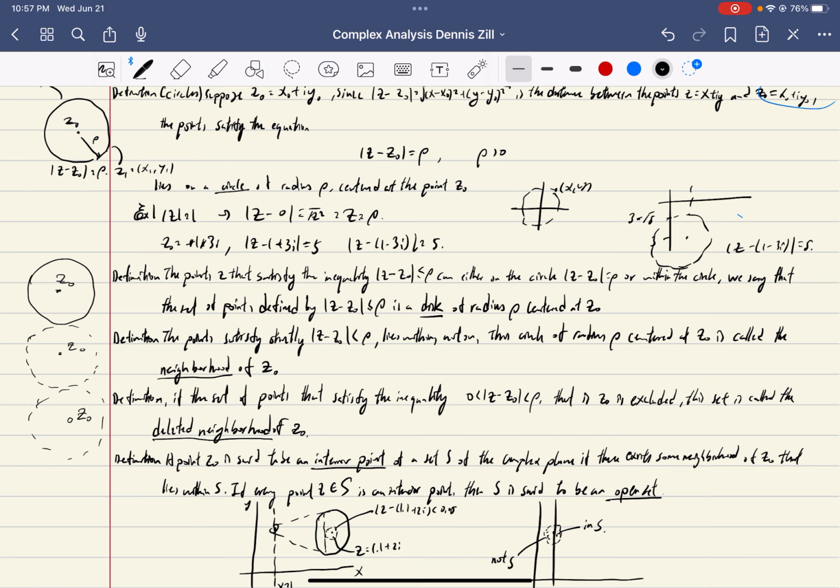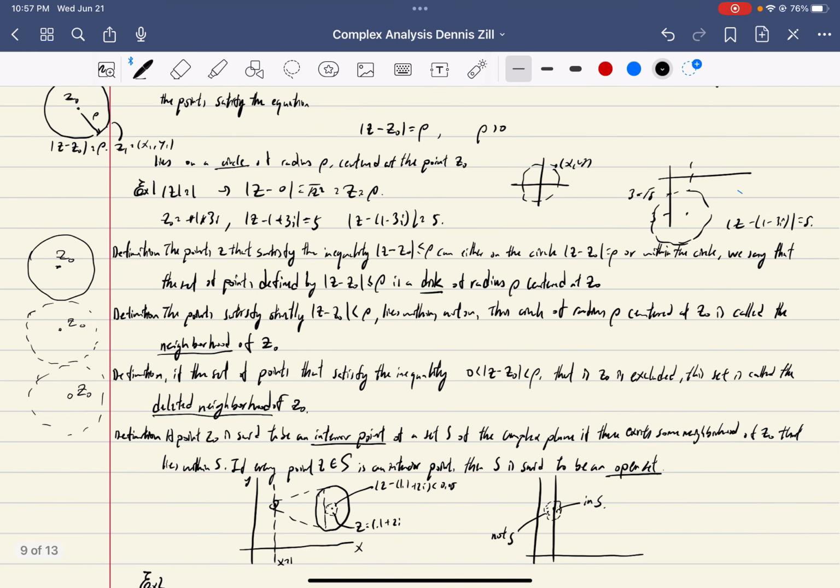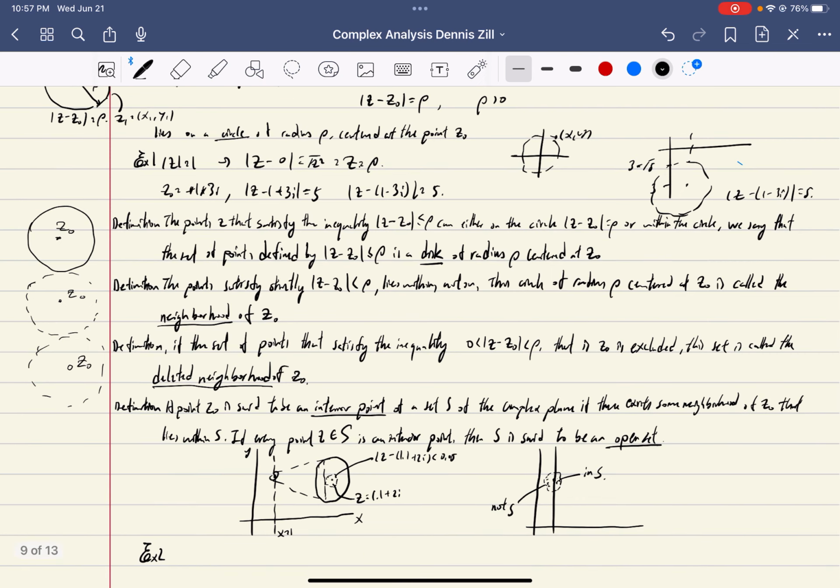So now the points z that satisfy the inequality |z − z0| less than or equal to rho can be either on the circle or within the circle, because it's less than or equal to.